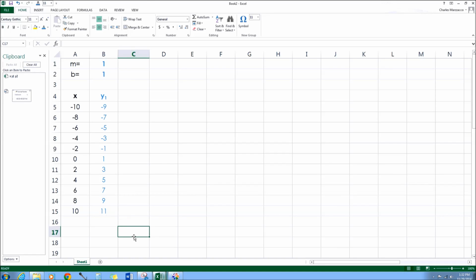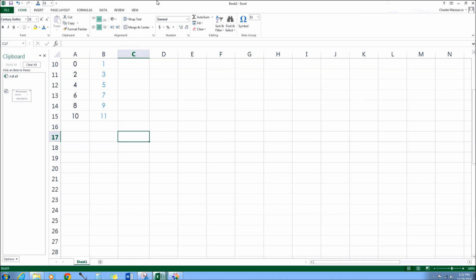So, when you solve an inverse function, you change y equals mx plus b to x equals my plus b.